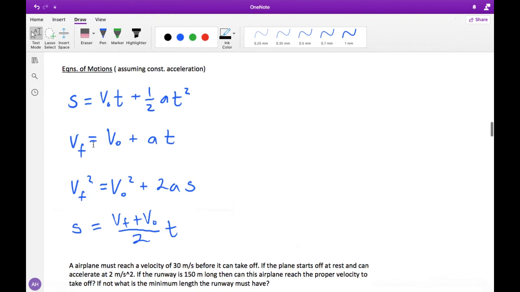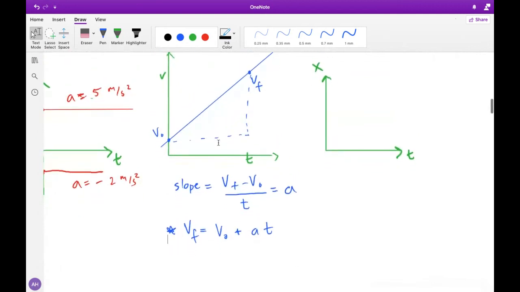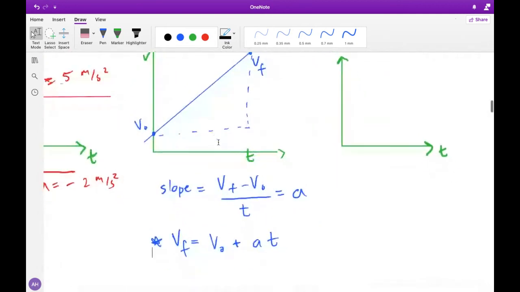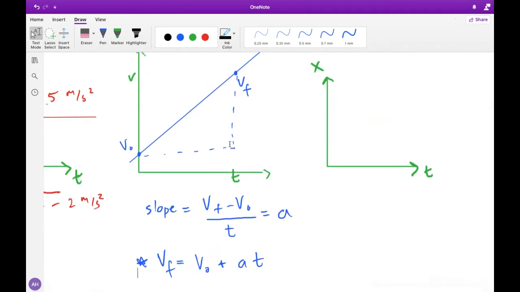So now let's see how we get these other equations of motion with this graph. Instead of analyzing the slope, let's look at the area underneath this curve.